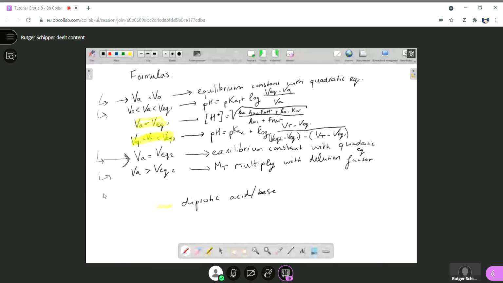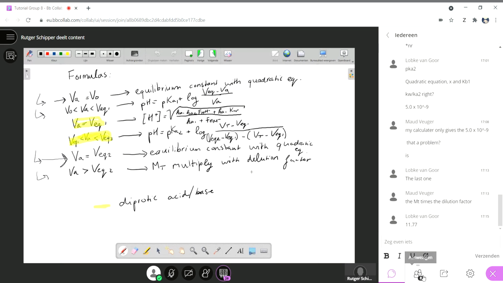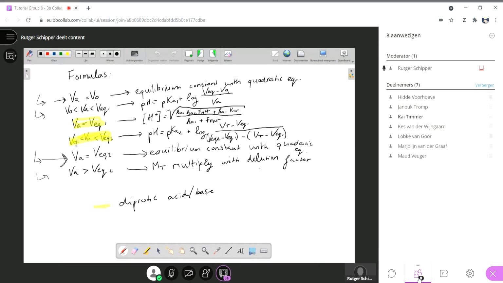So it's basically the same as the first one, equilibrium constant with quadratic equation based on what molecule is present when it's an acid present or conjugated acid. You use the acid constant. When it's a base or conjugated base, you use the base constant. And when there's an excess amount asked, you use the molarity of the titrant and you multiply it with the dilution factor. So basically the excess amount divided by the volume present in your flask multiplied with the molarity.